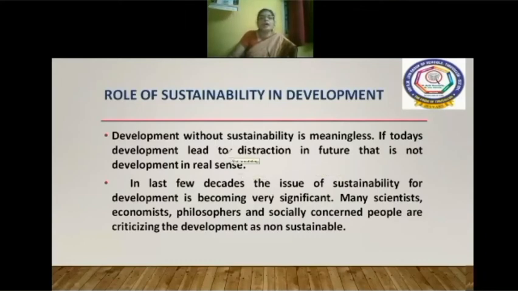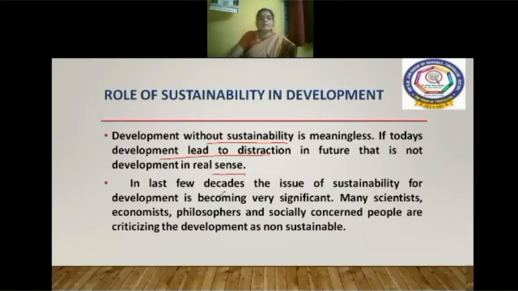So they have brought in sustainability as an important factor for development. Without sustainability, it is meaningless, they say. If today's development leads to destruction for the future, then what will happen? If we protect the future, only then can we attain the real sense of development.